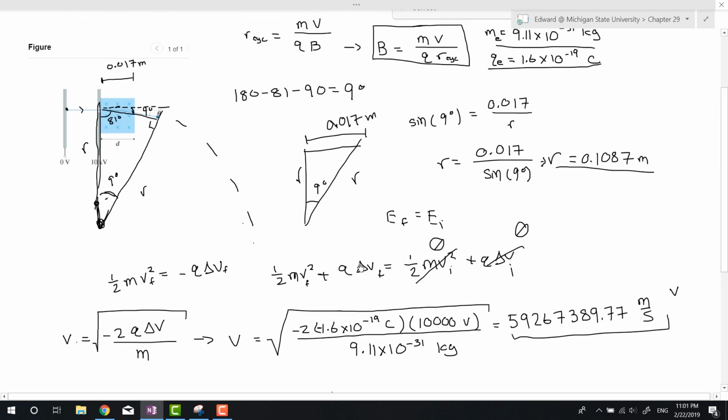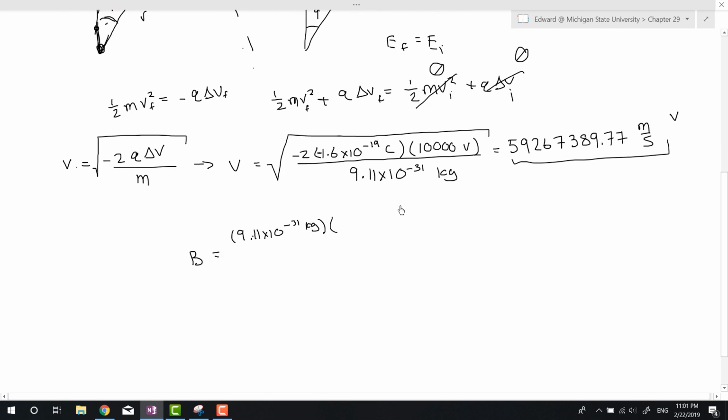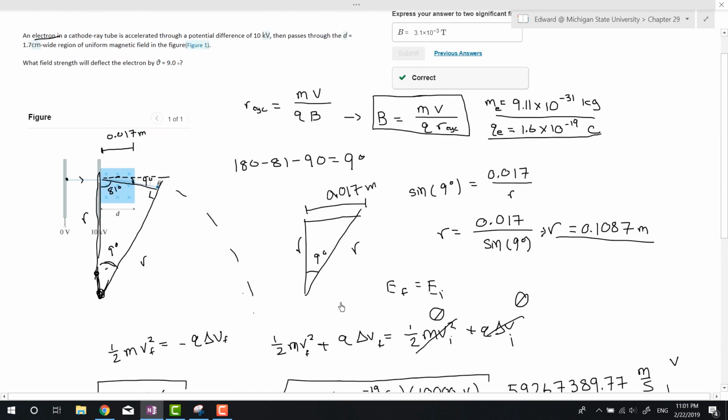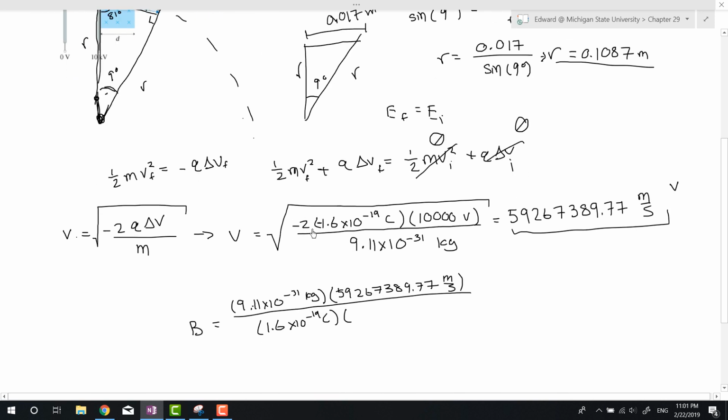And then we have the velocity, which is what we found right there, 5,926,738.9 meters per second, divided by the charge of an electron, which is just 1.6 times 10 to the negative 19 coulombs, and we have the radius, I believe, which is just 0.109 meters.